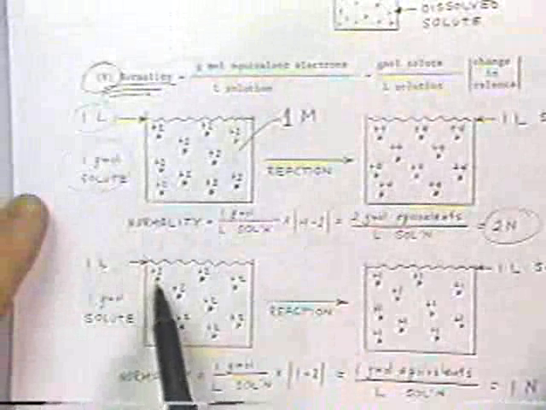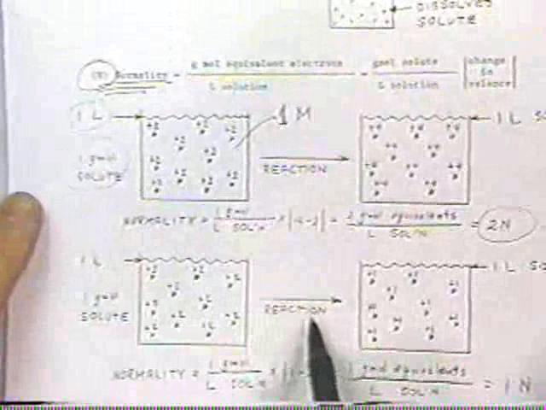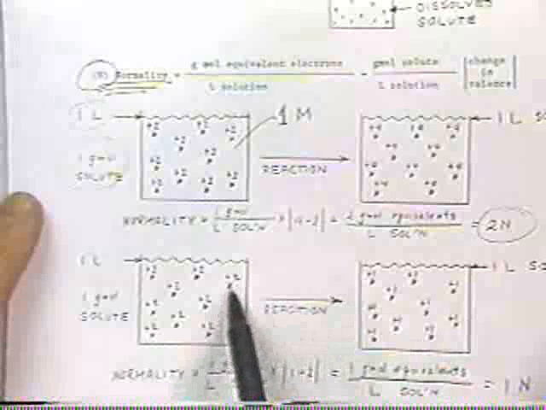Now what we're going to do is start with the same situation, 1 gram mole of salt dissolved in 1 liter of solution, and also with a +2 charge, but we're going to carry out another reaction. This reaction adds 1 electron to each of these ions, so now we have a +1 charge.